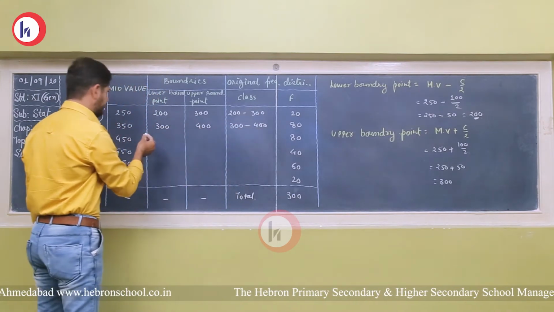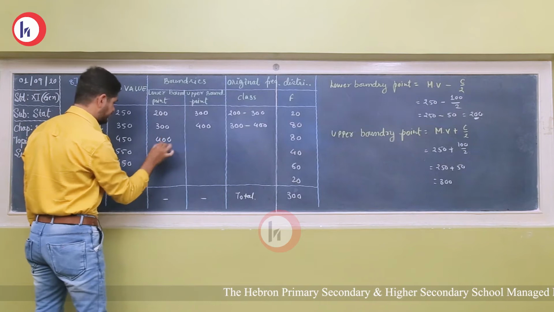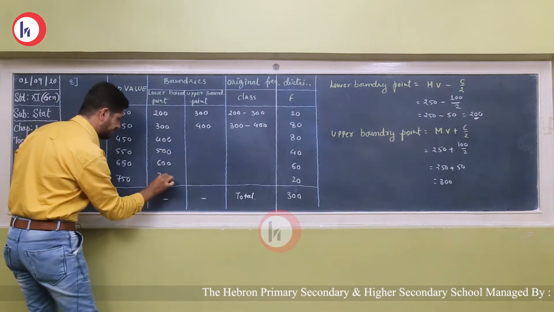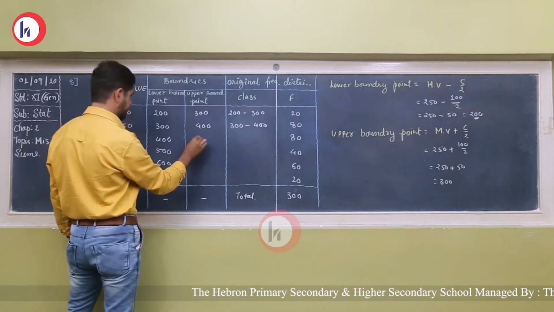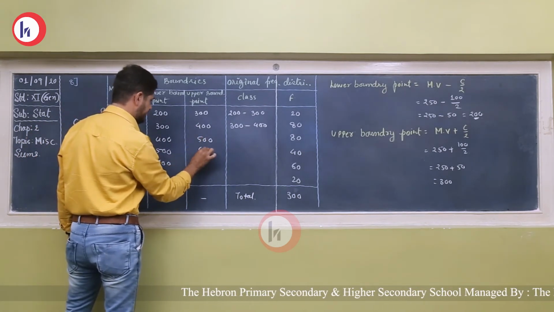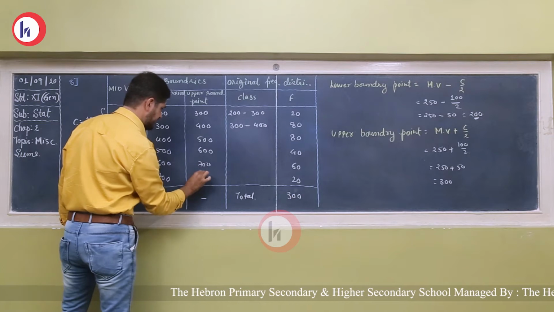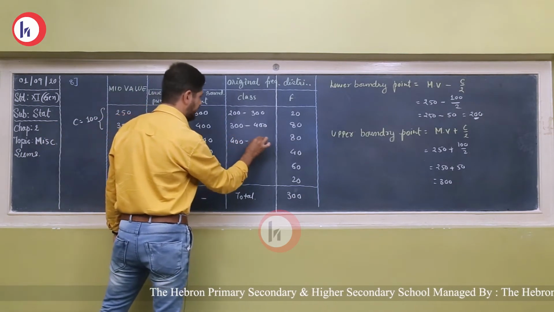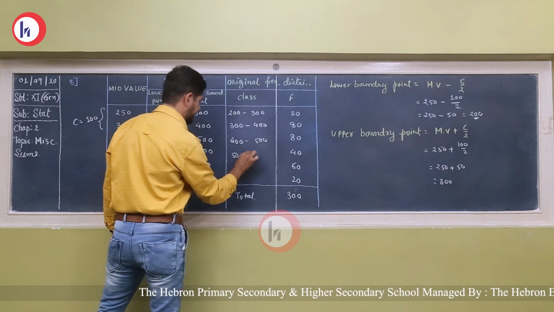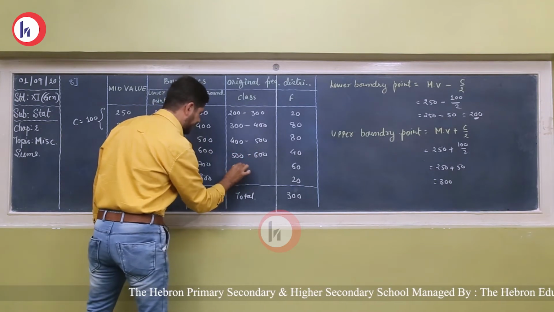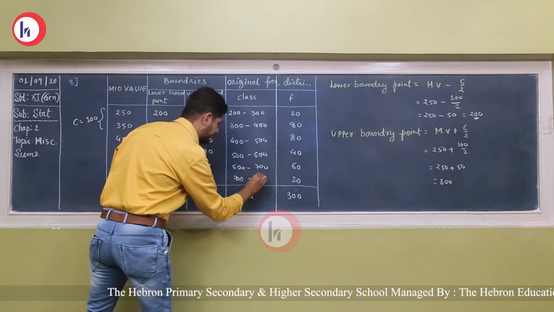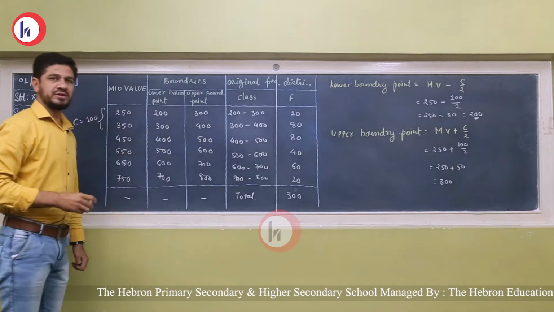Now we can easily find the remaining values. So it is 500, 600, 700 and 800, and the classes will be 400 to 500, 500 to 600, 600 to 700, and finally 700 to 800.